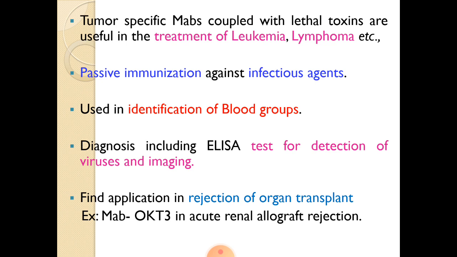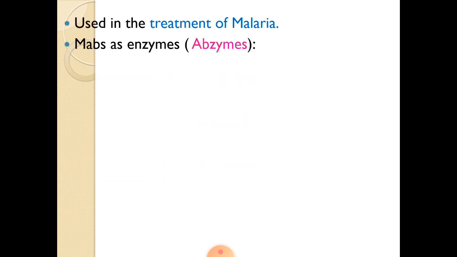They are used in diagnosis, including the ELISA test for the detection of viruses, and imaging. They find application in preventing organ transplant rejection, for example, MAB OKT3 in acute renal allograft rejection. They are used in the treatment of malaria.